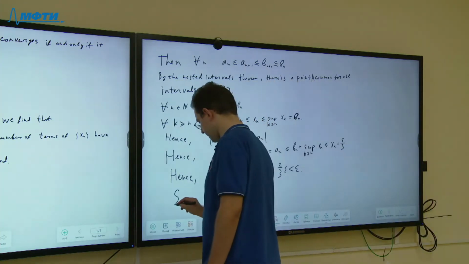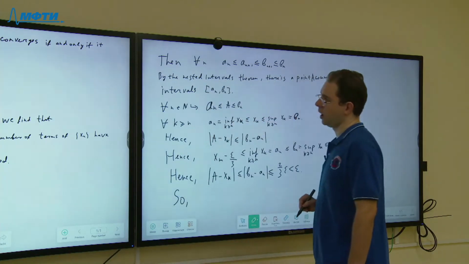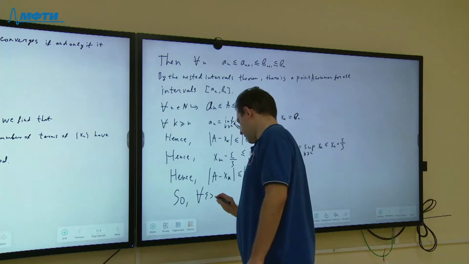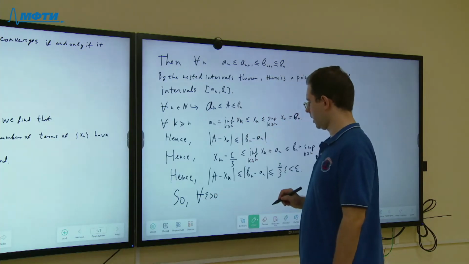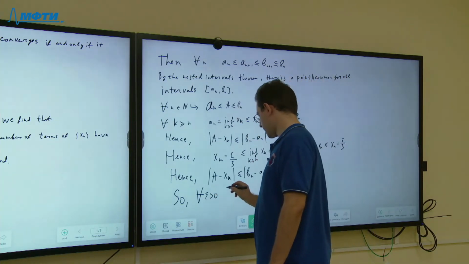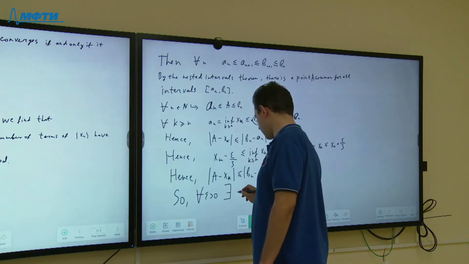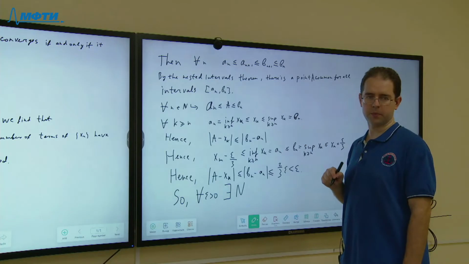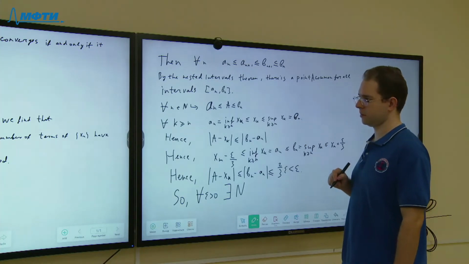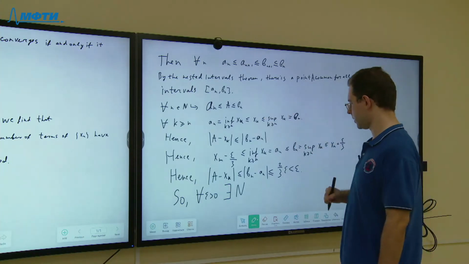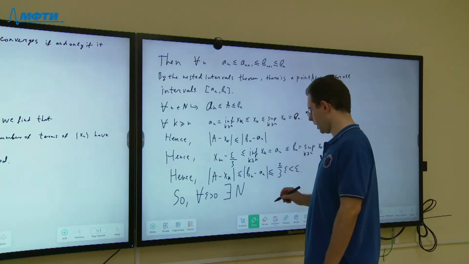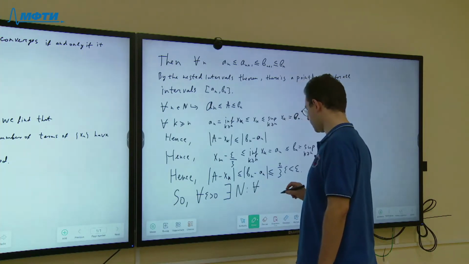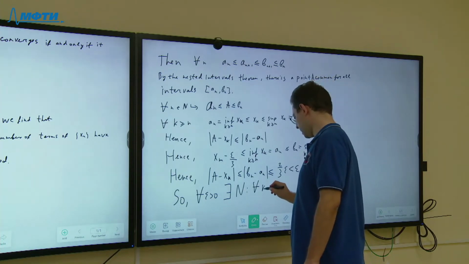So, for any epsilon greater than 0, we have constructed a number n, from the beginning of the proof, such that for any number k.